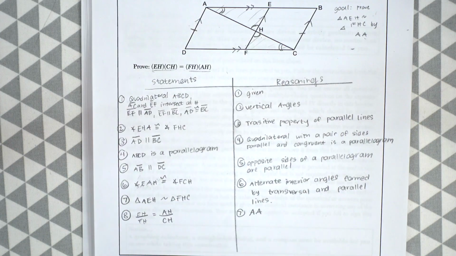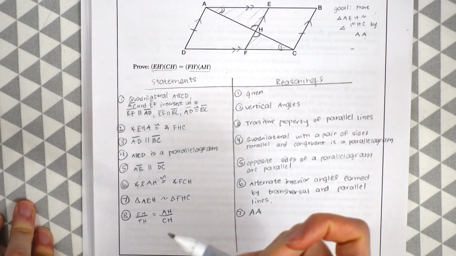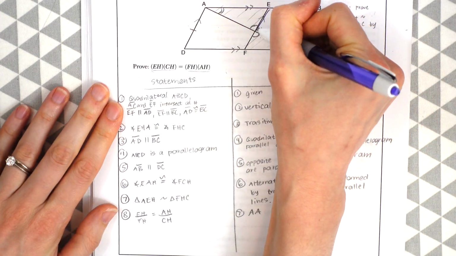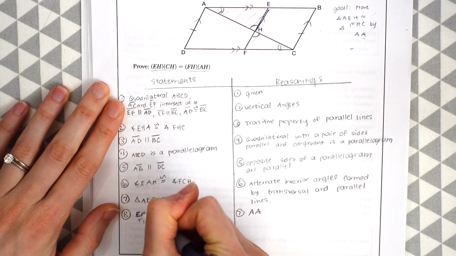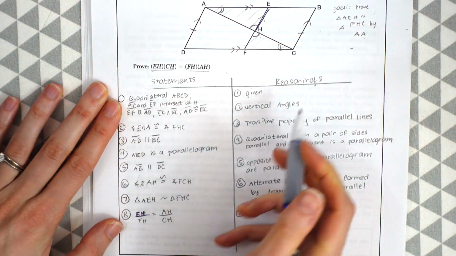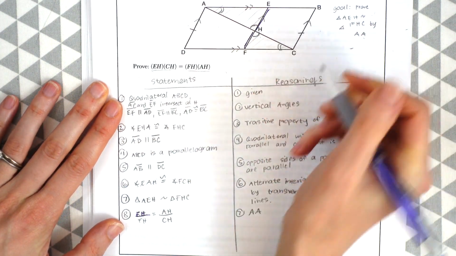I'm just going to highlight the different colors of each side here so it's easier to see. So we have EH over here corresponding with FH over here.